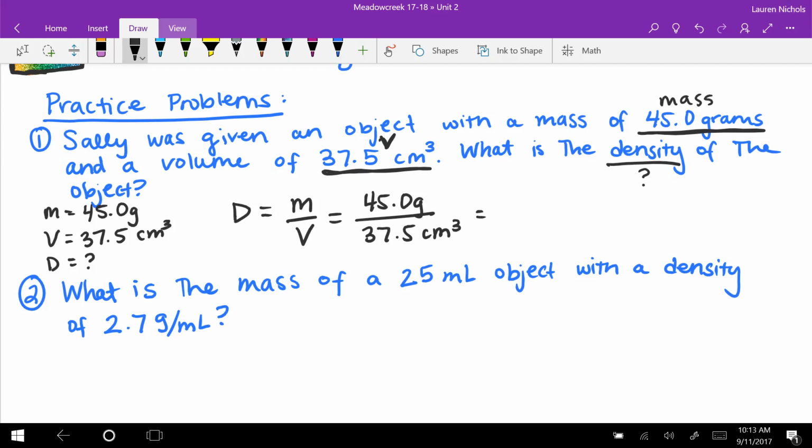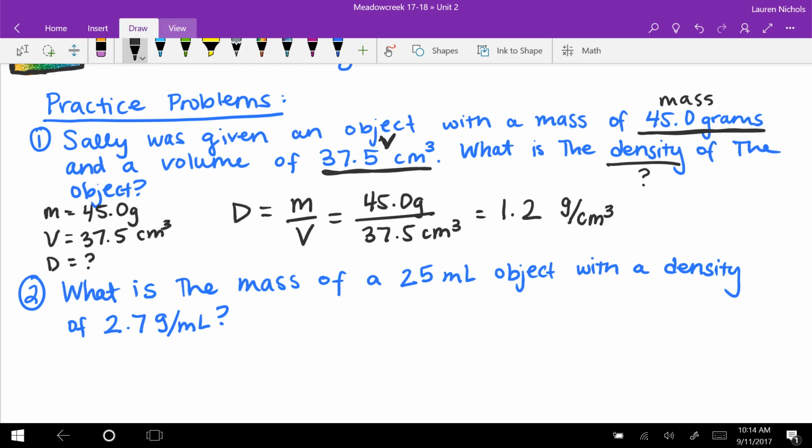So this is where we take out our calculator, and we always make sure to put the number in our numerator, the number in the top of our fraction, in our calculator first. So 45.0 divided by 37.5 will give us 1.2, and our units do not cancel out because they're not present on both the top and the bottom. So I just rewrite them the way they are, grams per centimeter cubed.